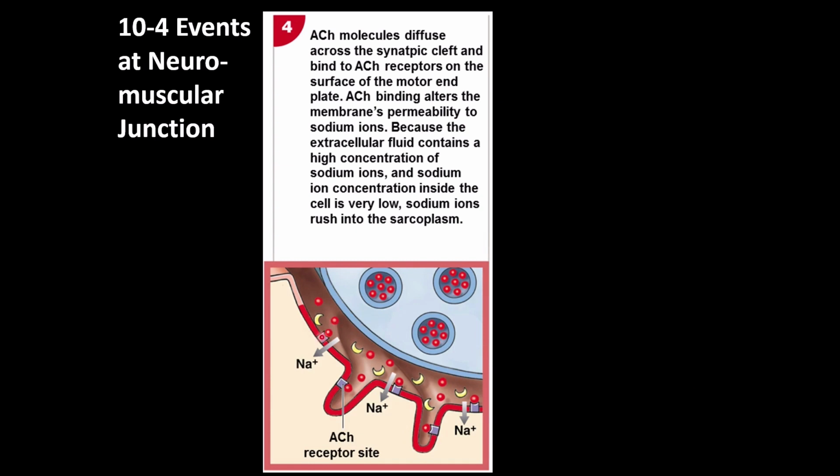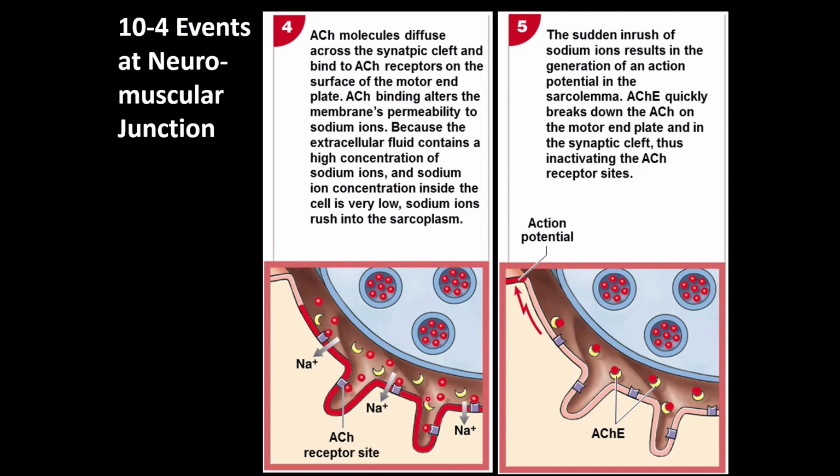Now they attach to these receptors, and these are the sodium channels. Once they are attached, the sodium channels open up and sodium enters the cell. Once the sodium enters the skeletal muscle fiber, the inside of the cell becomes positive, and that is a change in the membrane potential. That will cause initially a graded potential and then an action potential.